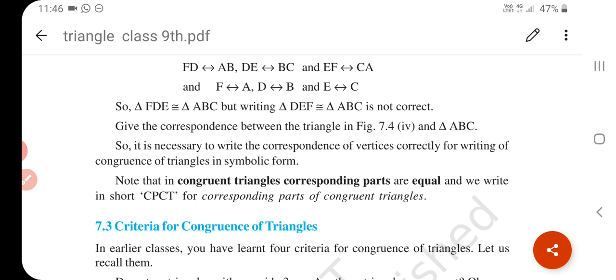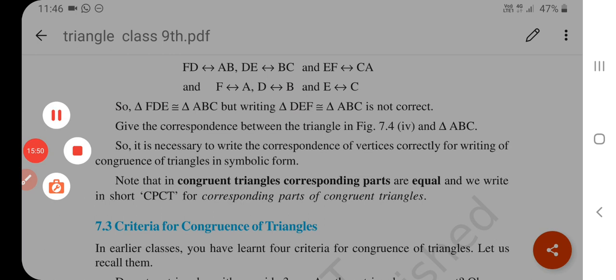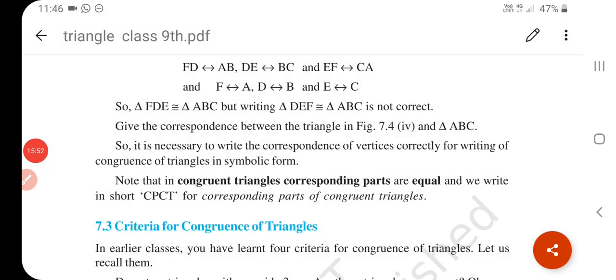In 7th and 8th standard we learned SSS, side-side-side congruency, SAS, side-angle-side, and RHS, that is right angle hypotenuse side.